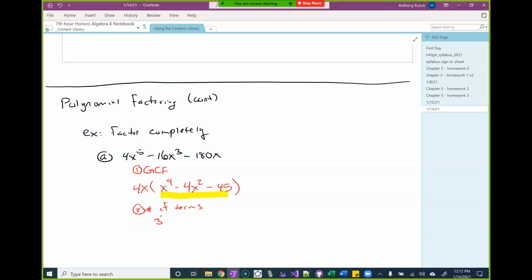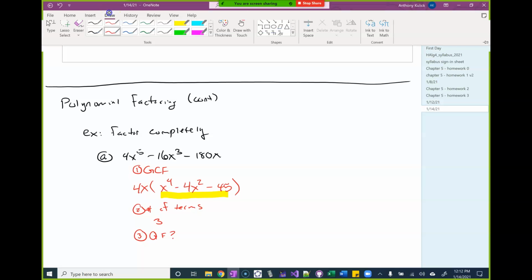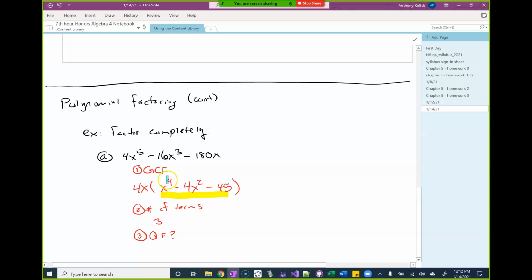3 terms. If I look down the 3-term branch, the first thing it asks is is it in the quadratic form? What do I mean by being in the quadratic form? Well, the biggest exponent on my variable should be twice the smaller exponent on my variable, and then I should have a constant at the end, which is exactly what we have in this case, right?